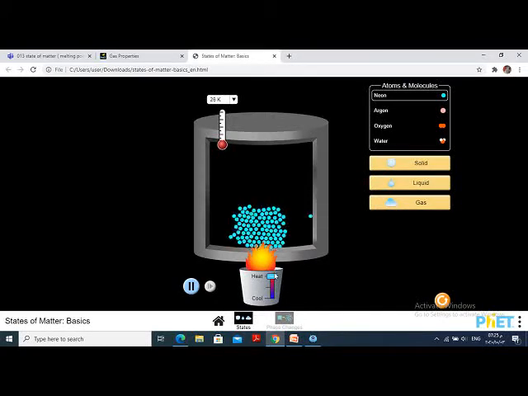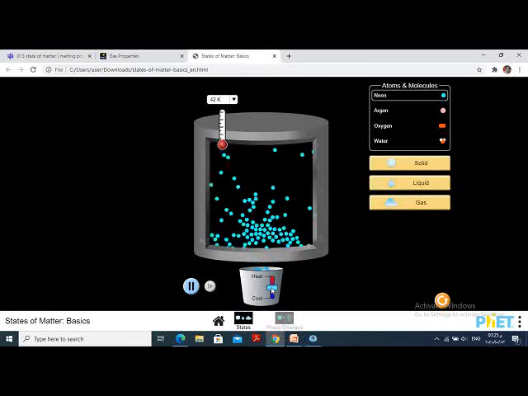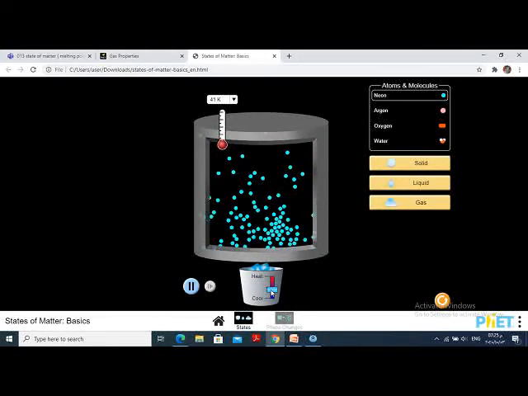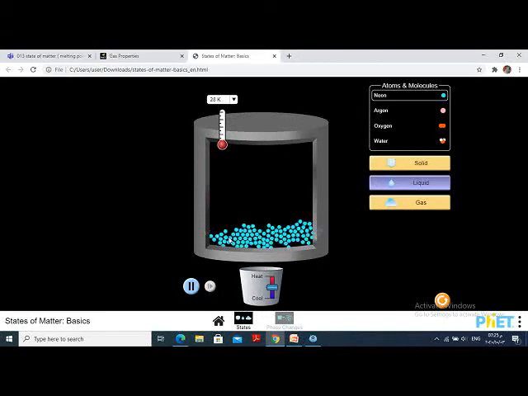This thermal energy transfers from the source of energy to the ice, and the particle is transferred to the liquid state. I add just a small amount of energy to this solid, and it transfers to a liquid state.